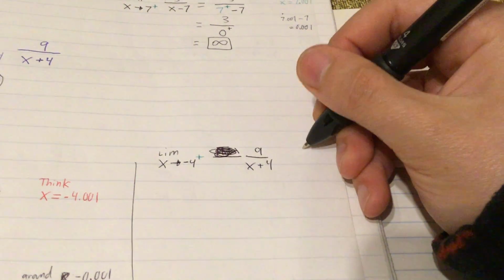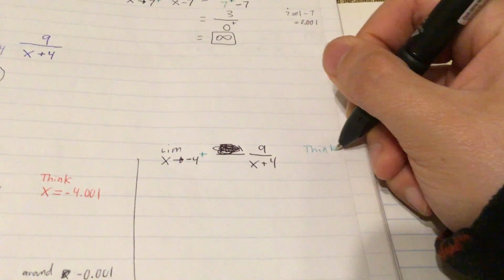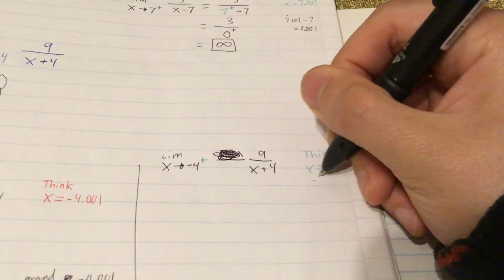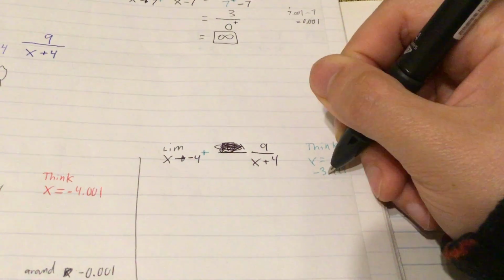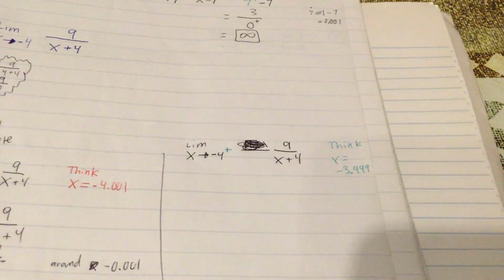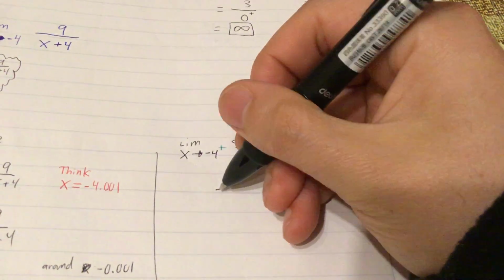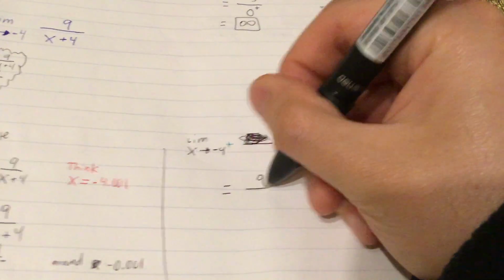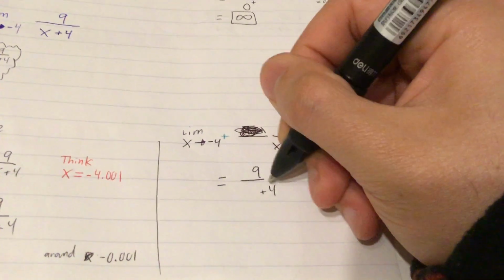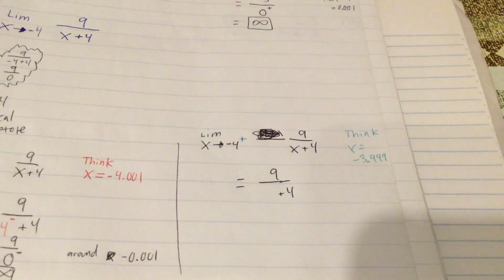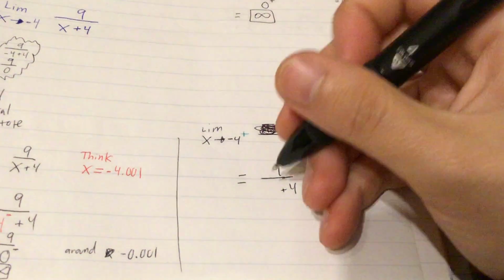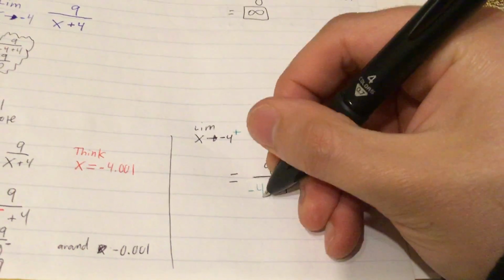So remember, we're in the negative world. I'm going to think to myself, x equals -3.9999999. So just barely underneath. Let me plug this in. I've got 9 over x plus 4, but I'm going to plug in x equals -4 from the right side. And this is proper calculus notation.